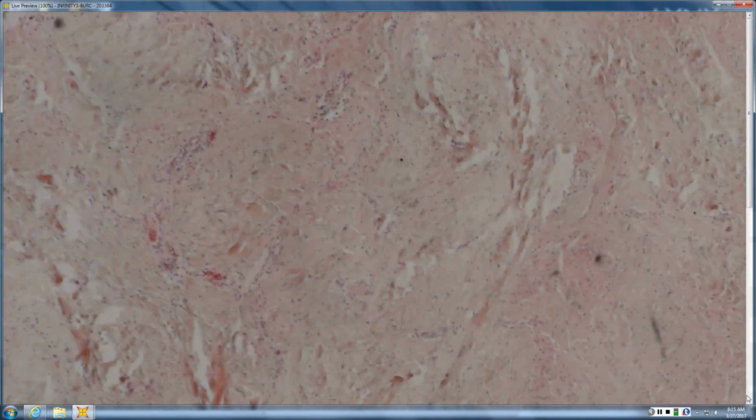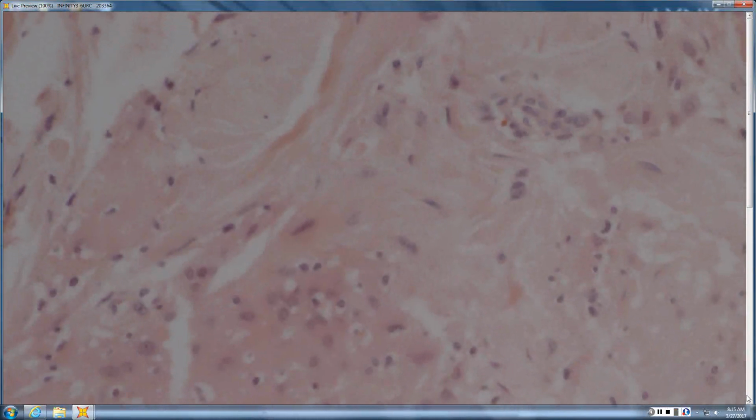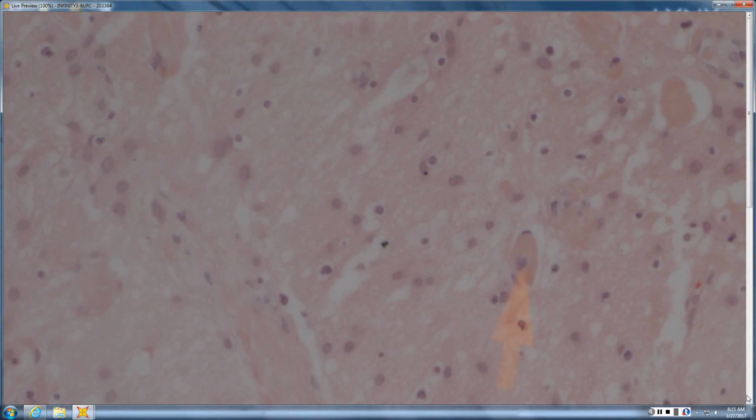Who needs imaging studies? And you send it to path, and you have this glial tissue that looks pretty much like white matter. What have you just cut into? Glioma. Yeah, or in this case, true brain.